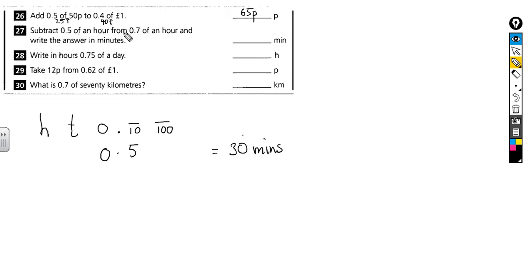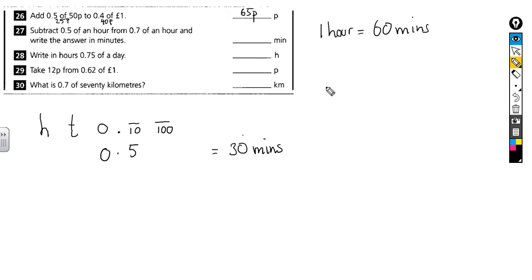And we're asked to subtract that from 0.7 of an hour. Now, this doesn't jump out at you quite as easily as some of the other questions might, because let's think of an hour and think of minutes. 1 hour equals 60 minutes.